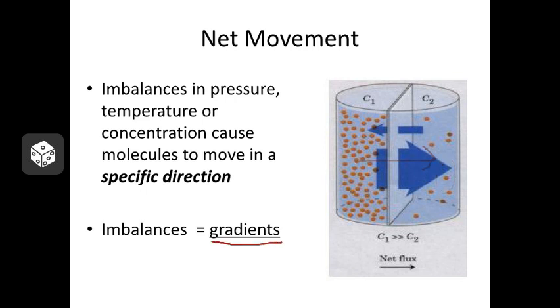And when gradients exist, there will be net movement, or movement in a specific direction. So if you're asked a question on your pre-lab or in class about the net movement of molecules, the answer is always going to be something like top to bottom, inside to outside, right to left, something like that, in a specific direction.